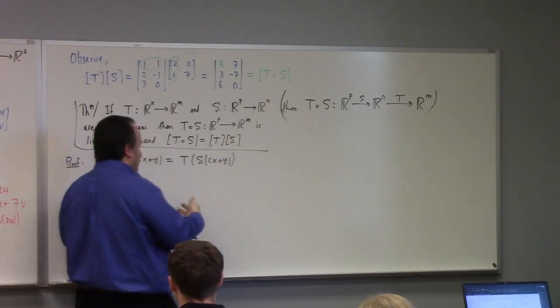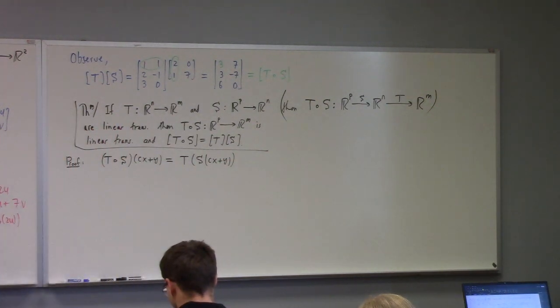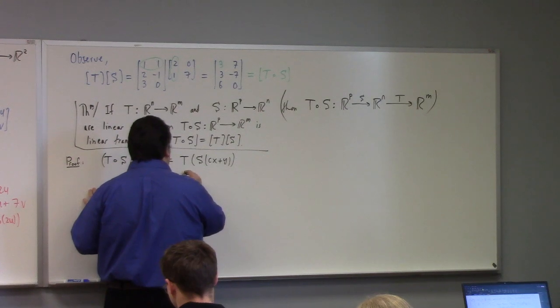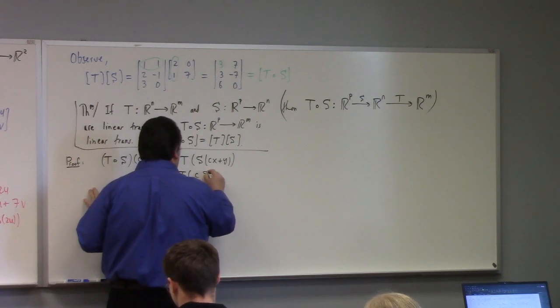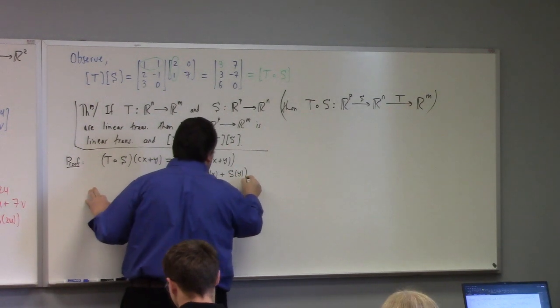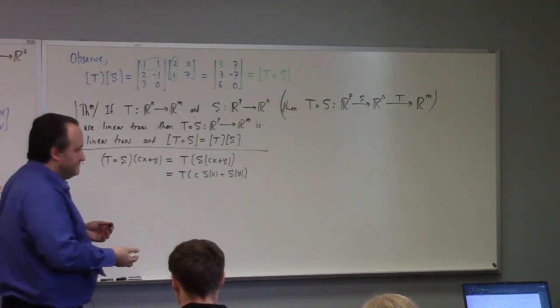That's the definition of composition. We're assuming that S is a linear transformation, right? So we can pull out the constant and break up the addition there. So we have T of cS of x plus S of y, by linearity of S.